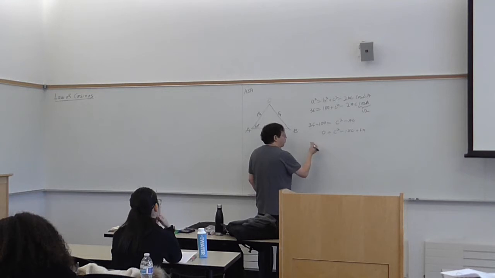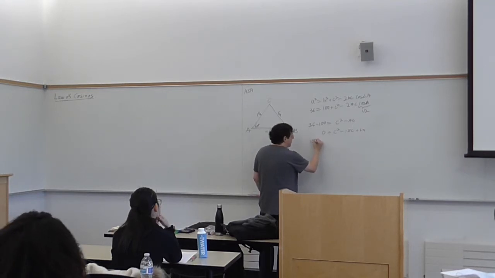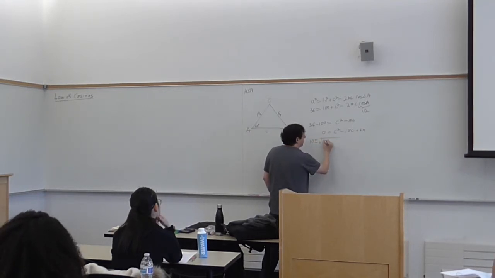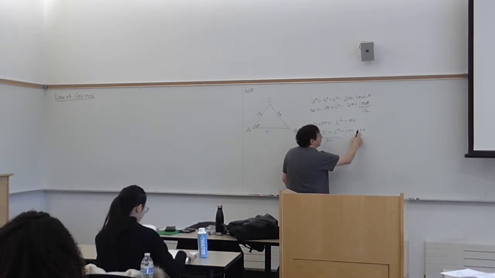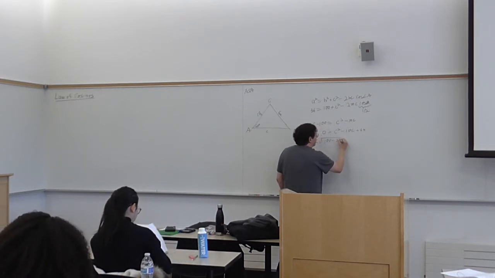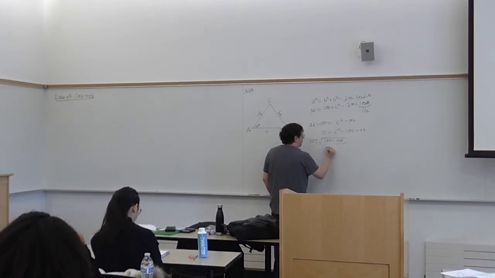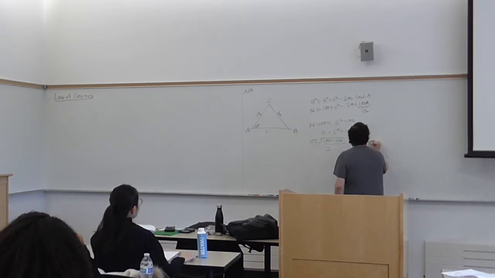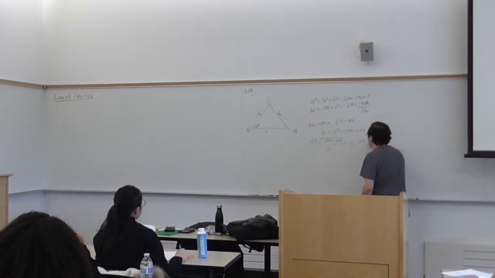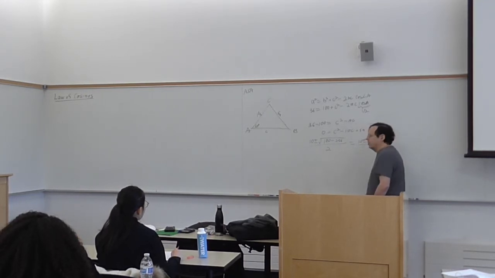All right, so quadratic formula: 10 plus or minus the square root of 100 minus 4ac, 256, all over 2. So 10 plus or minus the square root of minus 156.